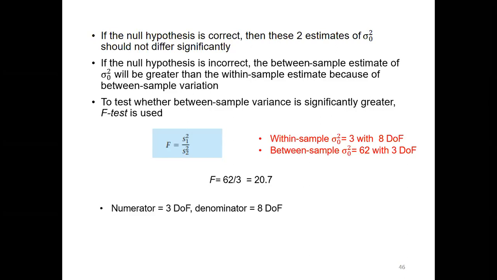When we go to the F statistic table, we need the degrees of freedom to find the critical value. That's why I calculated the degrees of freedom for the within sample and between sample variance. In the numerator, the degrees of freedom is 3 and the denominator degrees of freedom is 8.